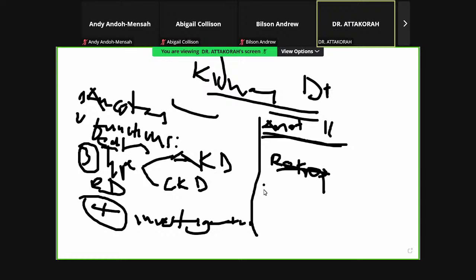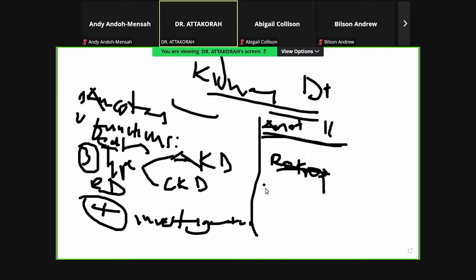The next thing that I'll talk about is the kidney size, and it's very important, because we use the size of the kidney to do diagnosis. It's important to know the size of the kidney.